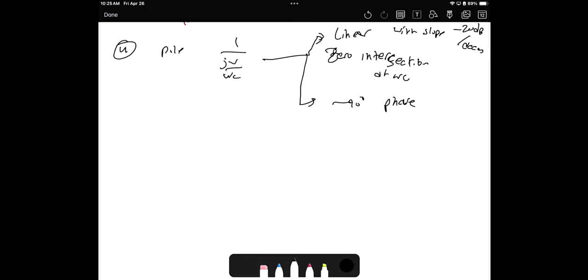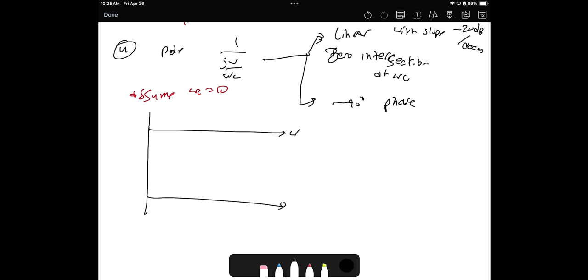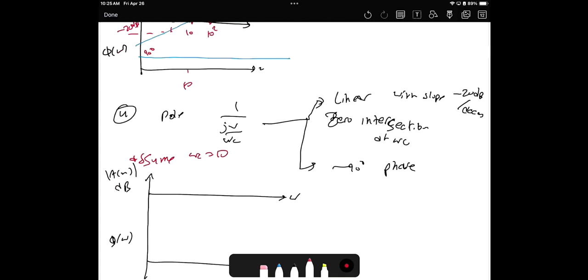Okay? Negative 90 degrees phase. So, assuming omega c equal to 10, what's happening? Here is omega, this is A of omega in dB, and here is phi of omega. Let's assume omega c here is 10. Here is 1, 10, 10 power 2.